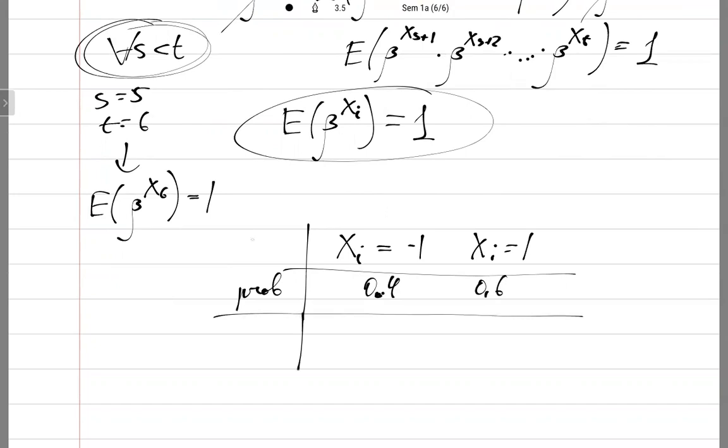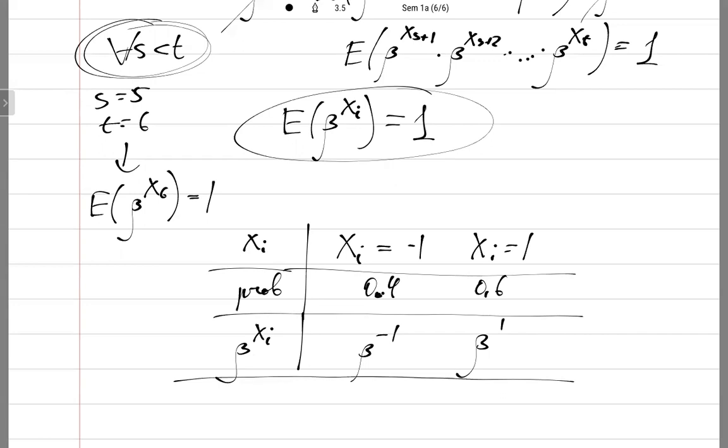And if I consider beta to the power xi, the values are beta to the power -1 and beta to the power 1.